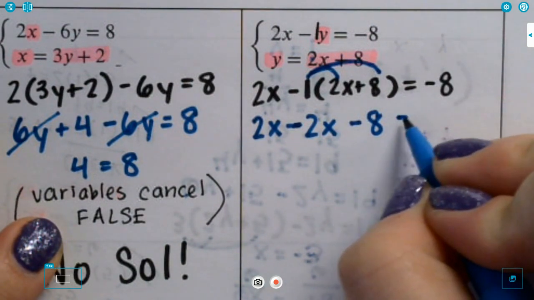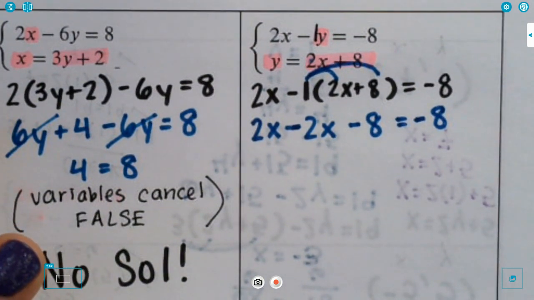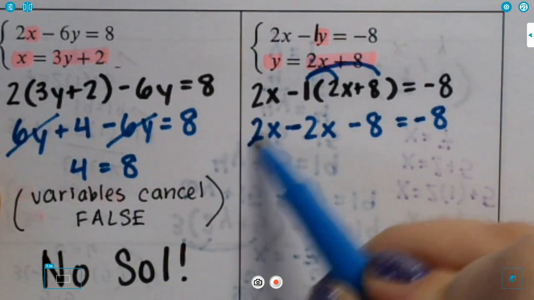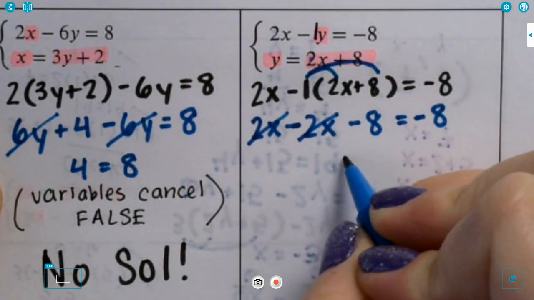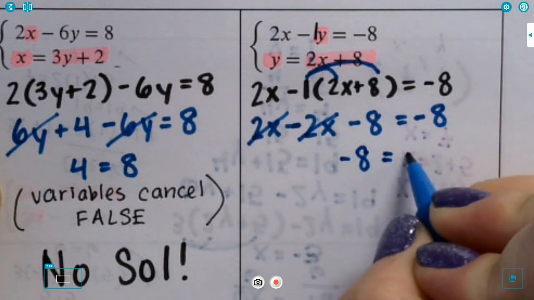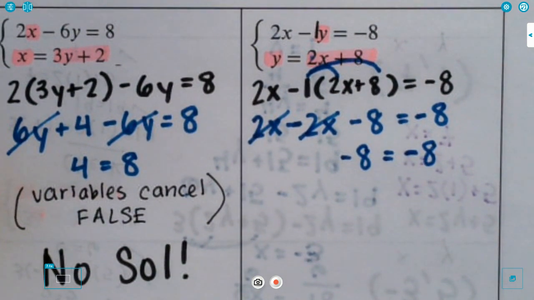And then that is equal to negative 8. Okay, this 2x minus 2x cancels out. So I am left with negative 8 equals negative 8. So this is the same thing that happened on the last one, except it's true.